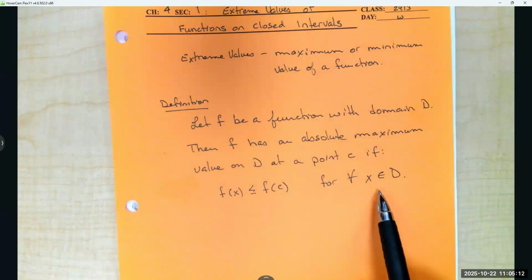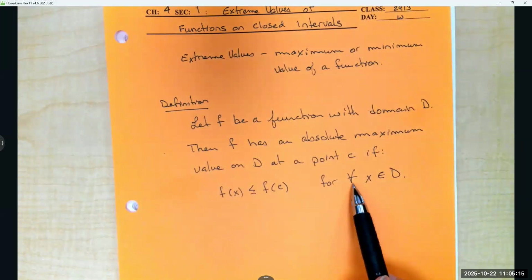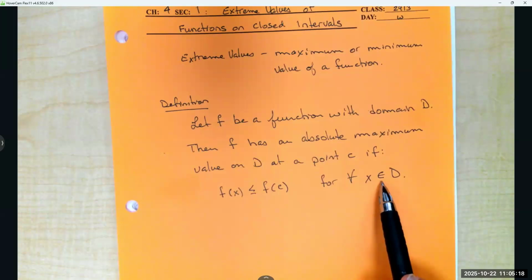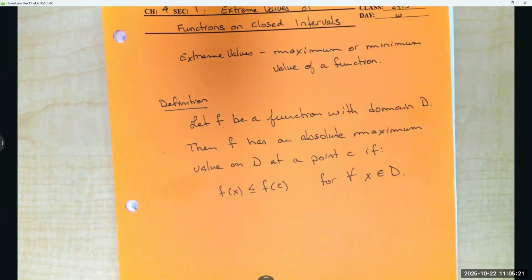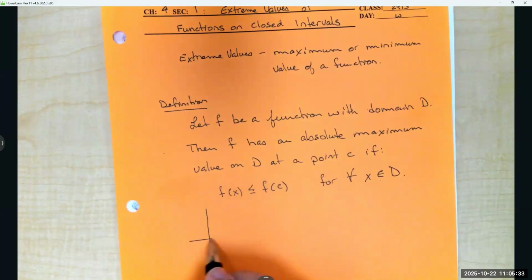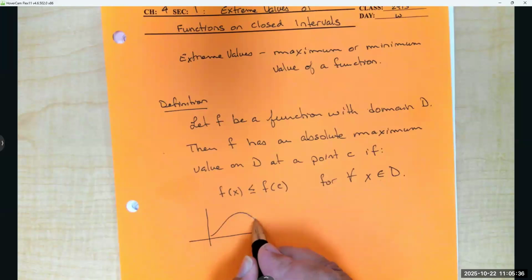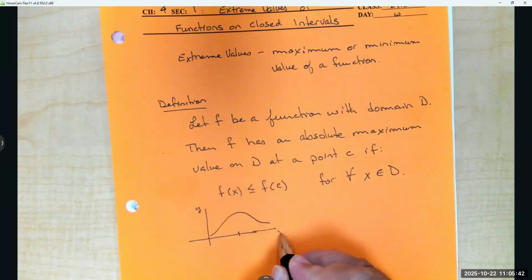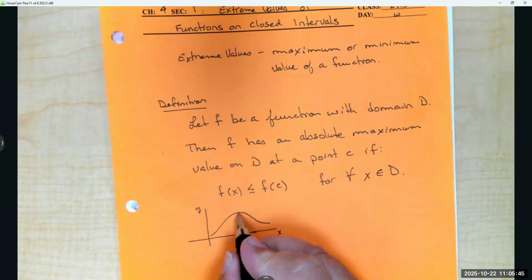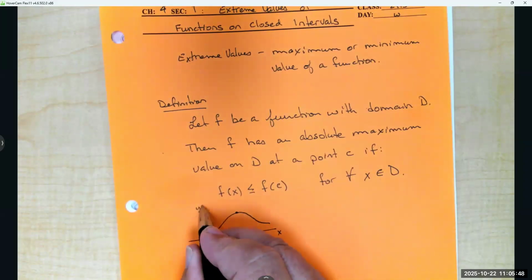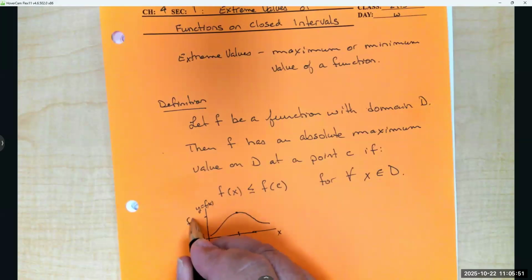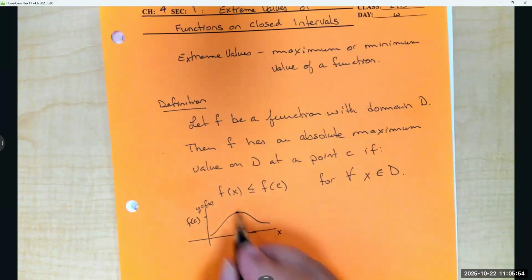Remember what these symbols mean. This means for every x as an element in D. So every x inside the domain. If you think about it, this is the y-axis, this is the x-axis, this is my value C. So f of C is the highest point.